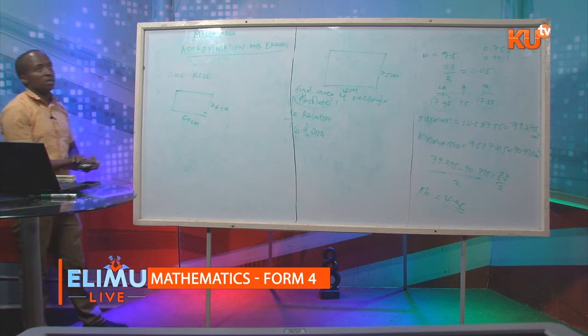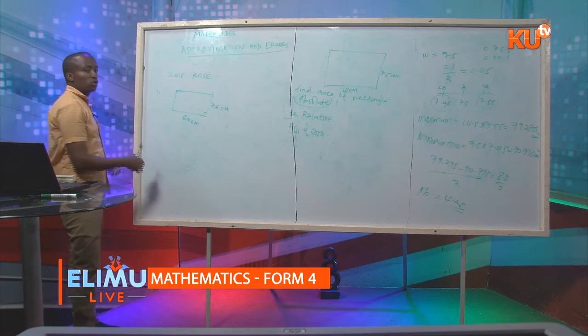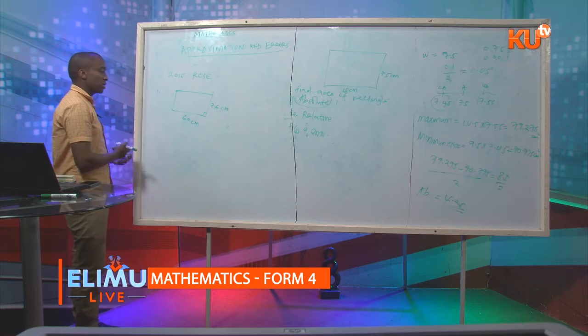It was there in 2015, but such questions are always there; there are very many. You can do a lot of examples back at home after getting the concept. You can open the mid-family and get samples of questions that came in past KCSE papers, either to get the relative or the absolute error.